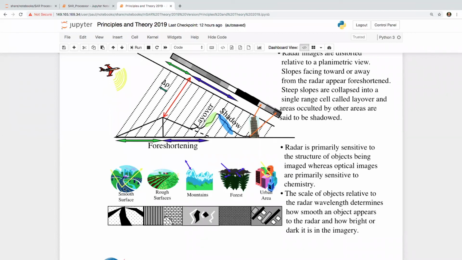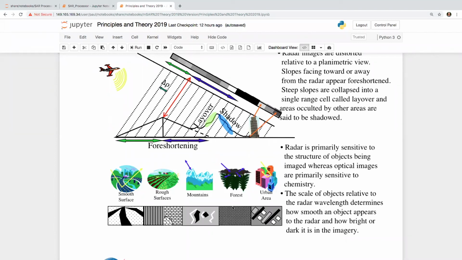We talked about smooth surfaces versus rough surfaces. There'll be brightness variations relative to that. We talked about the layover and shadow up above. Forests are upside down. I'm not sure why that's upside down. Anyway, forests tend to be relatively uniform in terms of their backscatter because you're scattering from the volume, and urban areas kind of look like mountains.